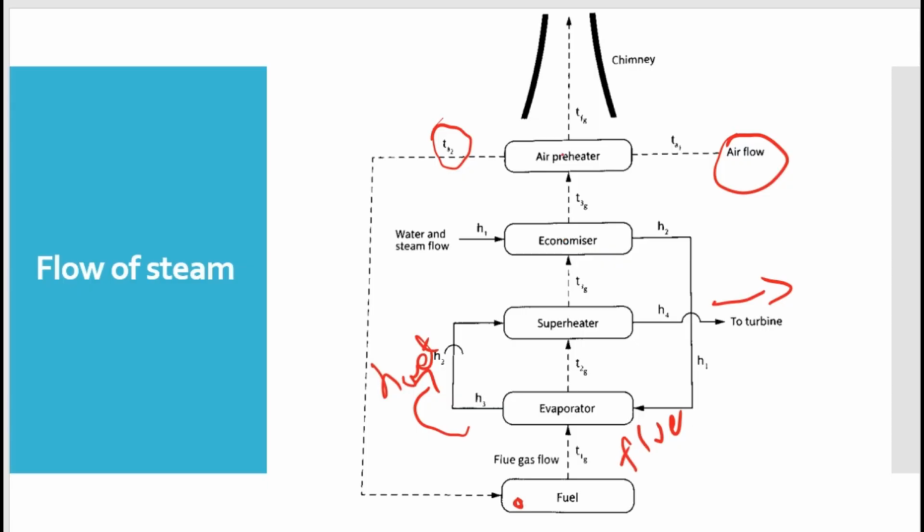Then the flue gases pass through the air preheater, and cause the air preheater also to increase the temperature of air from the atmosphere to TA2. After the air preheater, the flue gases exit through the chimney. So that means the air preheater is the last component that the flue gases pass through when they are exiting. So that is the flow of flue gases.